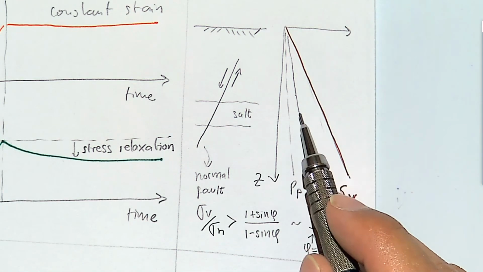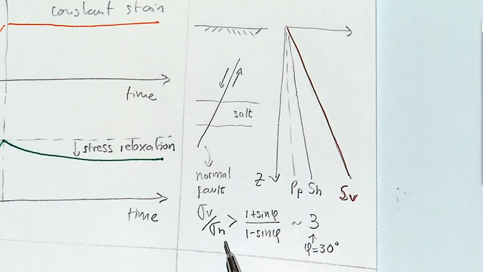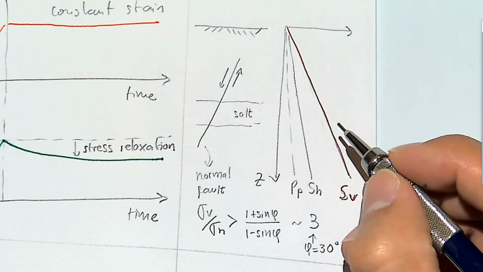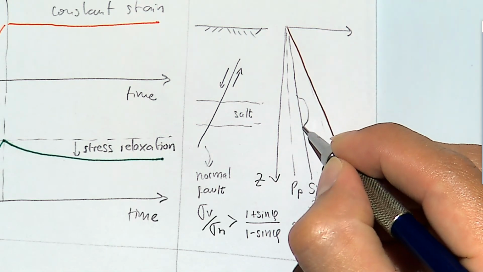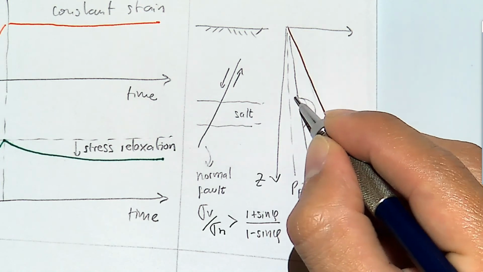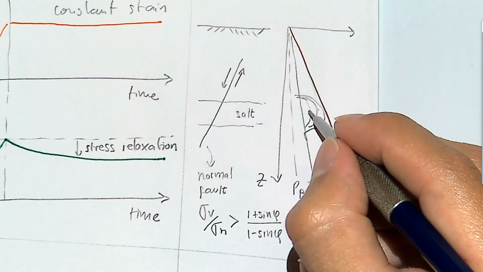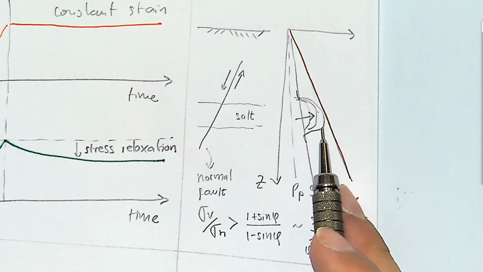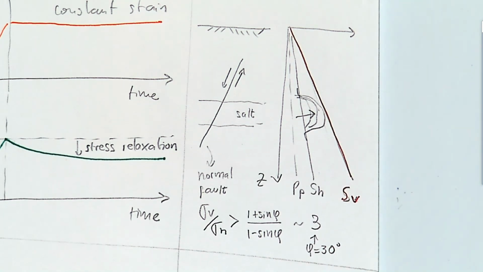Since salt is not going to like this extensional regime, and it's not going to like this stress anisotropy, at the depth of the fault, slowly this SH is going to tend to go into SV. And your SH is going to start to increase and approach the value of SV.